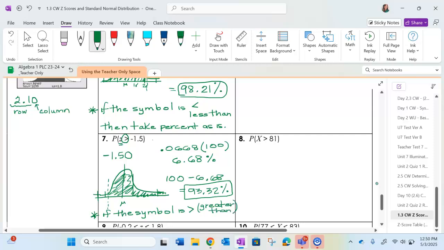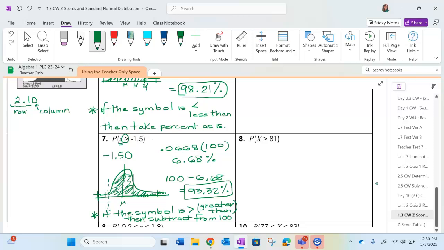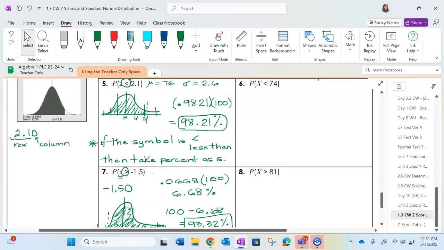Z is greater than, so it might not be this symbol, and you'll see in a few minutes. Then subtract from 100. So I maybe shouldn't use this symbol, okay? But in this case, it is, okay? That is why our answer is 93.32, okay?